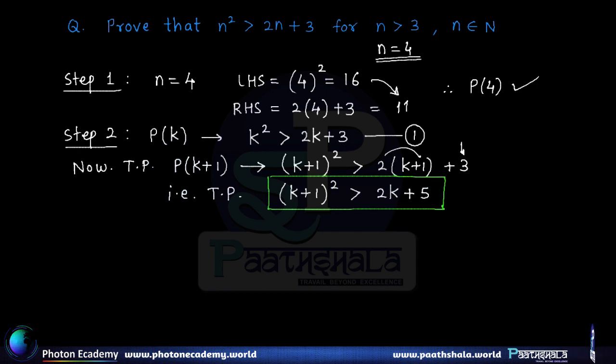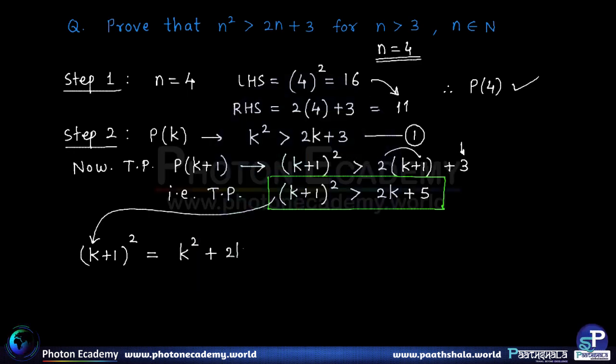Now let us start off with the LHS, that is, here we know that k plus 1 the whole square is equal to k square plus 2k plus 1. But what we have just assumed is k square is definitely greater than 2k plus 3.